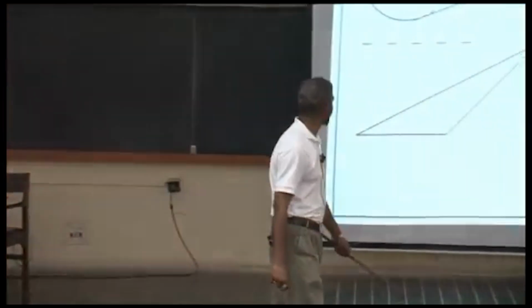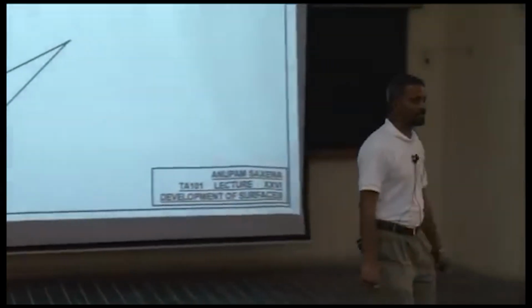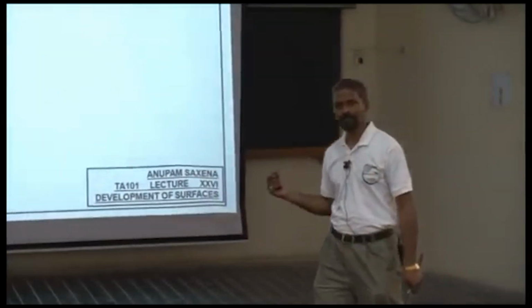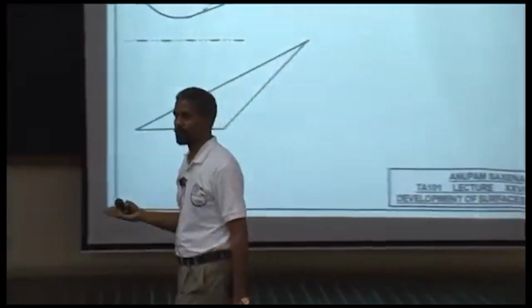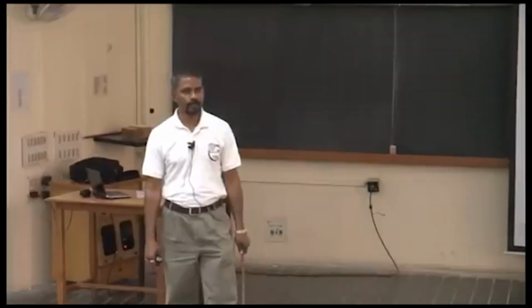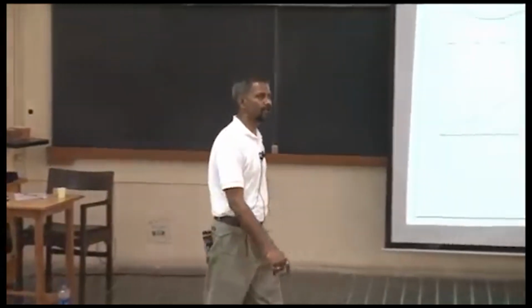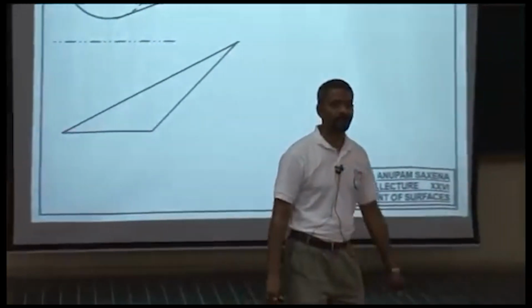Okay. Now, is it possible for you to develop this weird looking cone the same way as you would develop a regular cone? Is it possible for you to develop this cone the same way as you develop a regular cone?